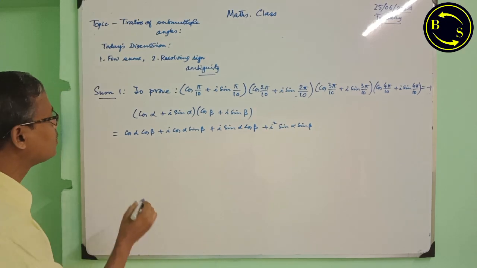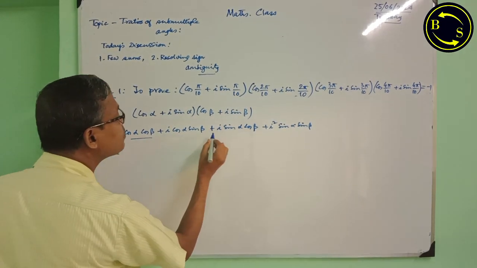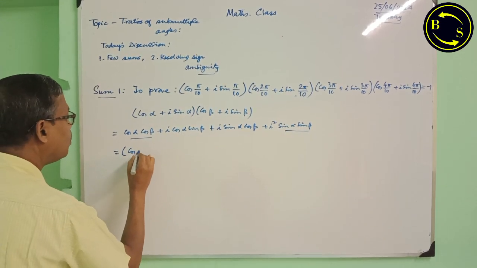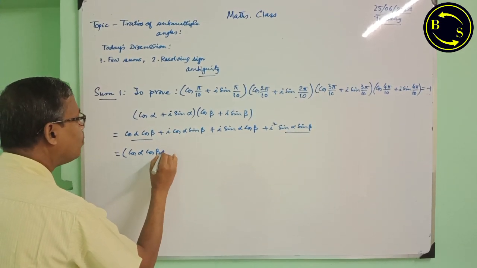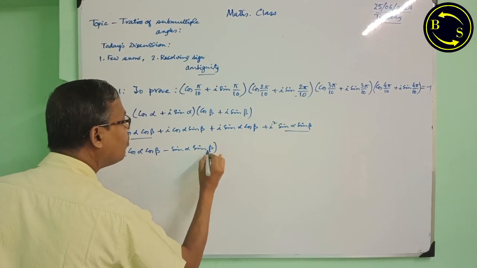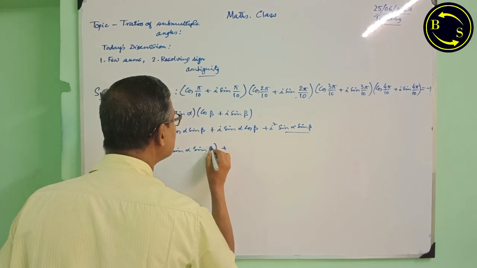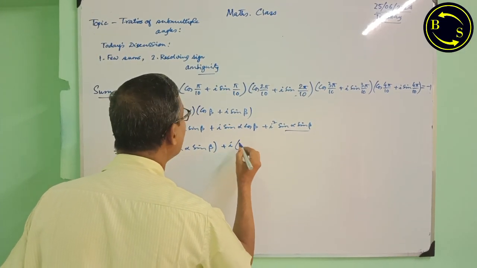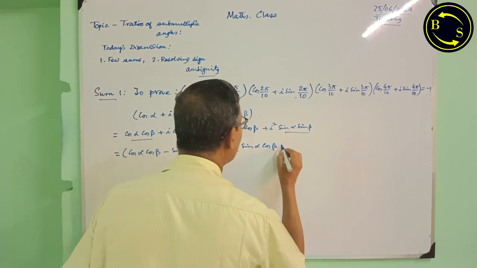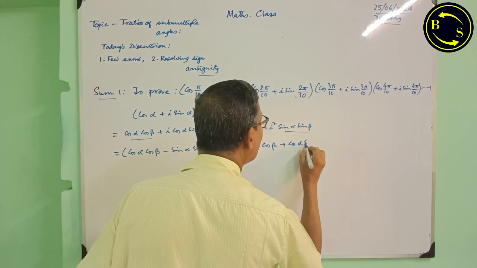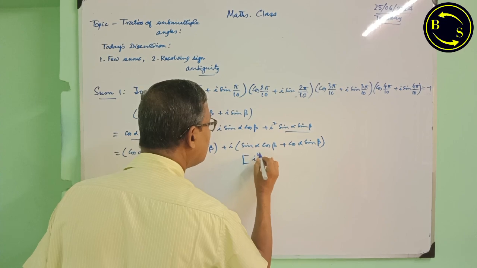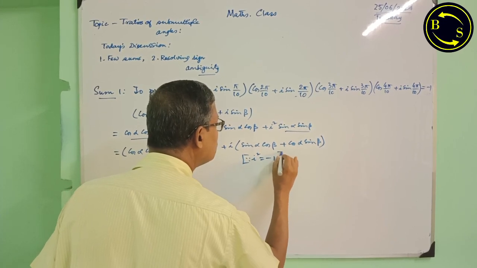I first multiply this, then I take the real parts together. Then the imaginary parts. There we have used I square equal to -1.